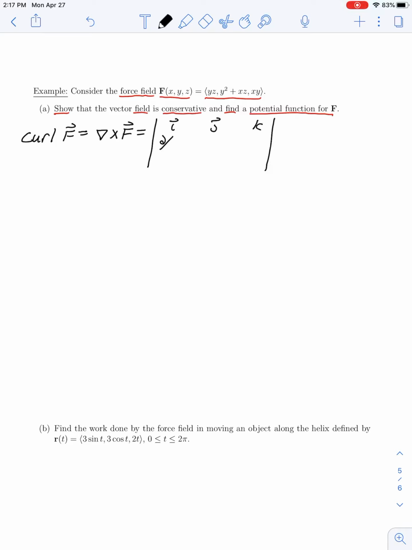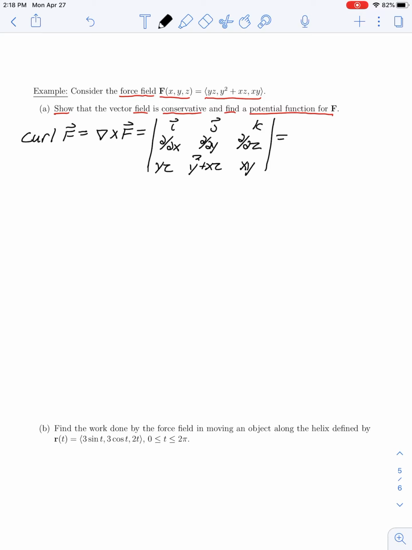Our second row is the gradient operator, so the vector of partial derivatives with respect to x, y, and z. And our last row is the force field F. In this case, the components were yz, y squared plus xz, and xy.